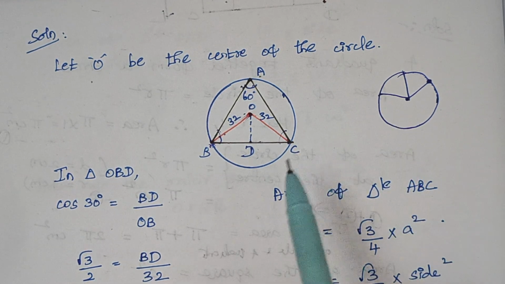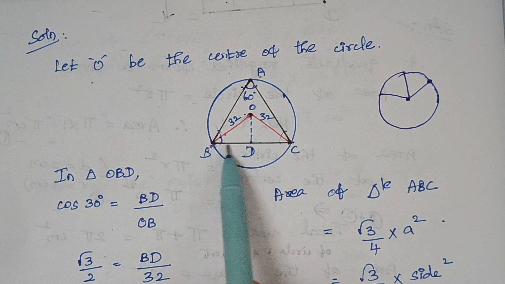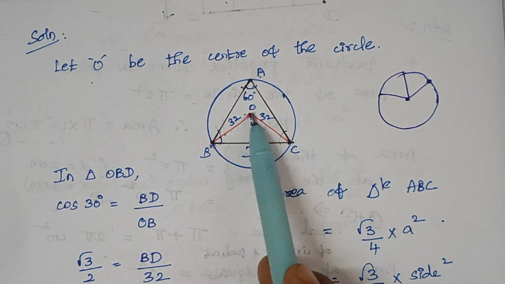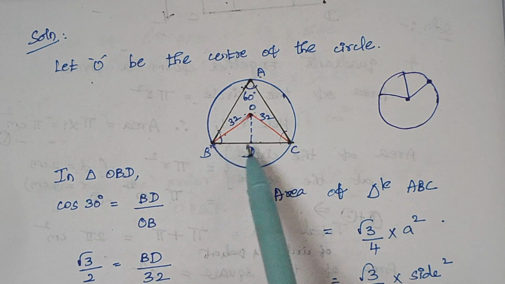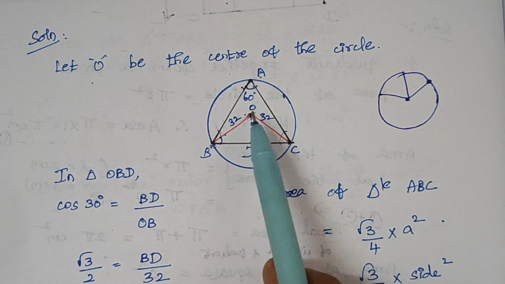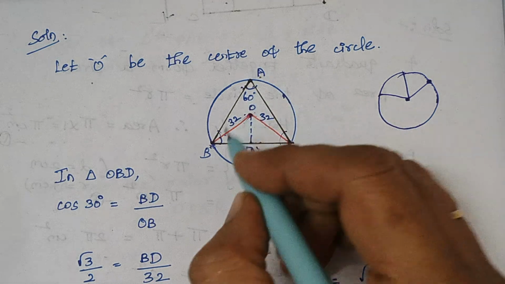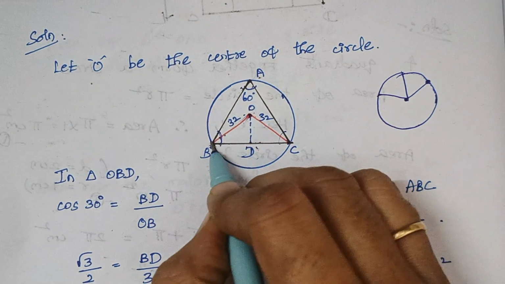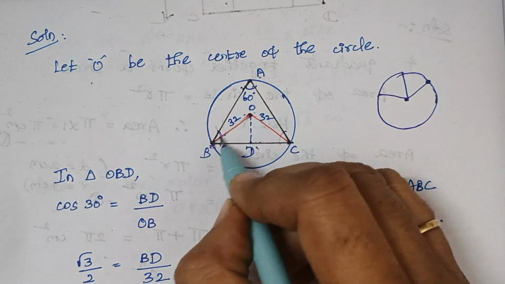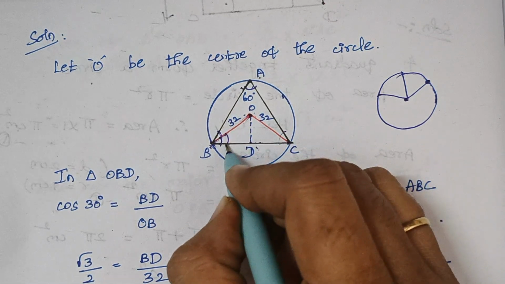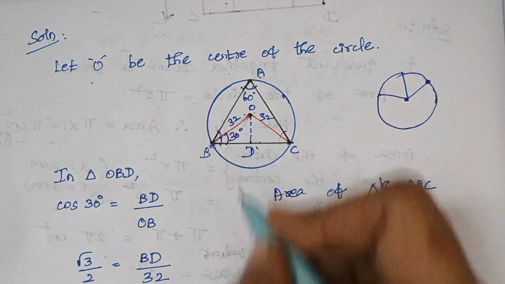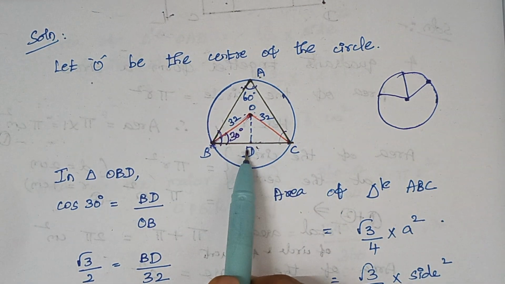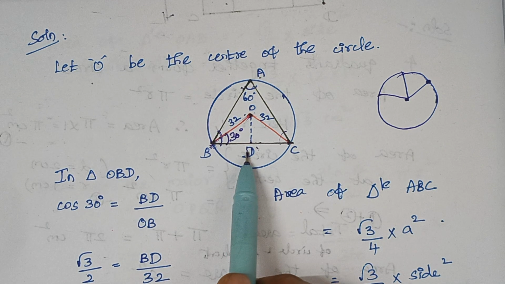Yes. So the first thing is we have to find the length of the side of the triangle. I am considering this triangle OBD. In triangle OBD, the entire angle is 60 degrees, but this part we are dividing this angle into two. So here the angle is 30 degrees, and I need to find BD. What trigonometric ratio do we have to use?